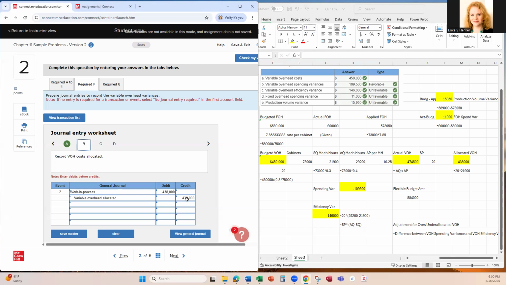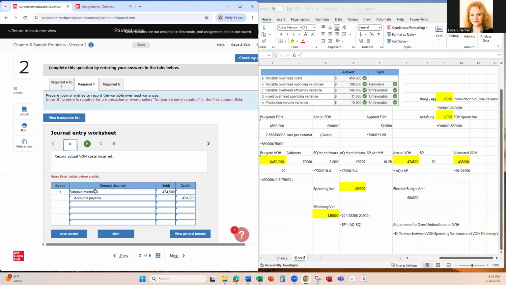But we're going to use this in an entry to record our variances, in particular both our variable overhead efficiency variance and our variable overhead spending variance. And then we're going to use that to zero out the variable overhead account that we had here.